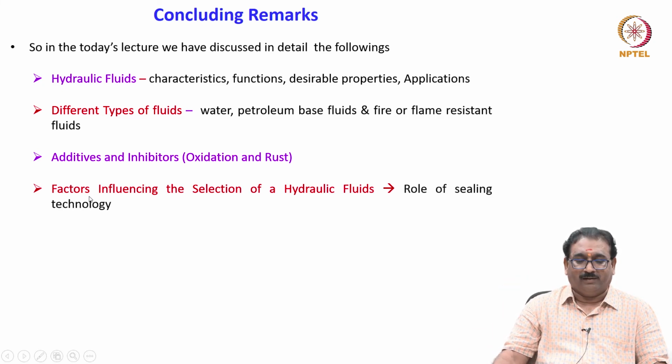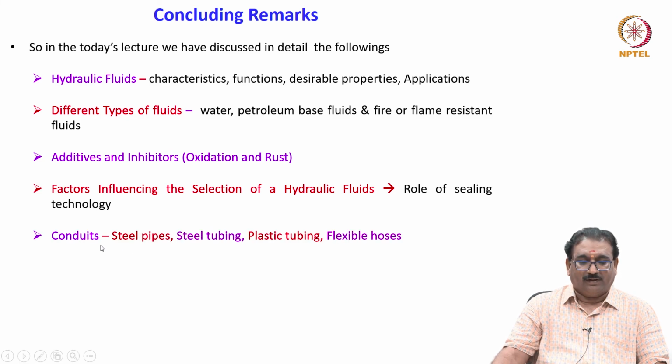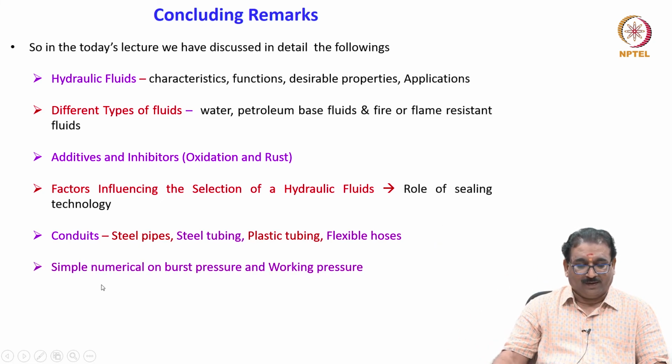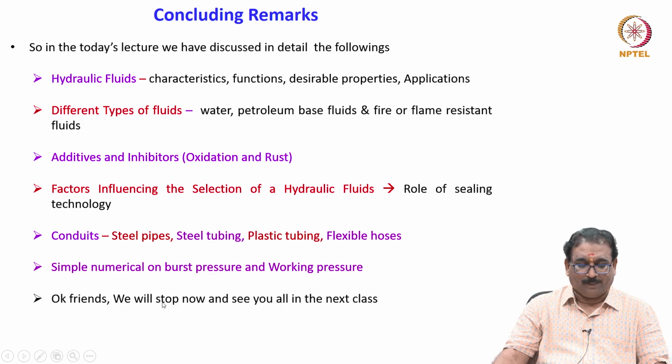Then factors influencing the selection of hydraulic fluids we have seen. Here we gave importance to the role of sealing technology. Then we have seen the conduits: steel pipes, steel tubing, plastic tubing, flexible hoses, and also the various connectors and flanges. Then a simple numerical we have seen on the burst pressure and working pressure.